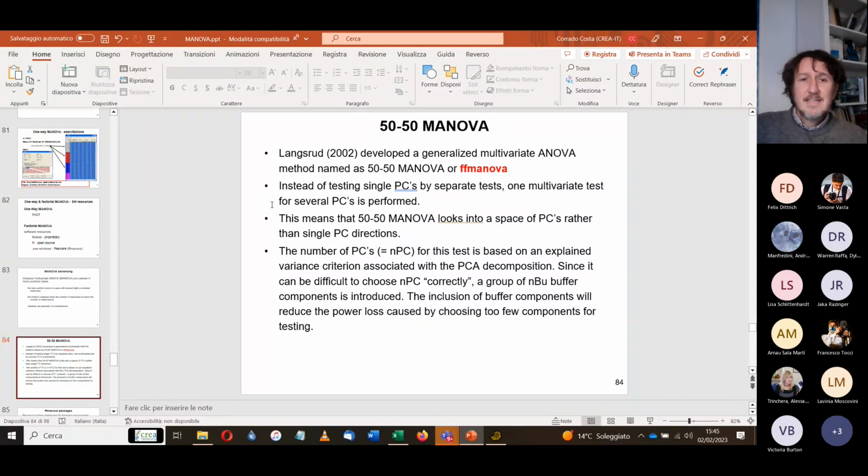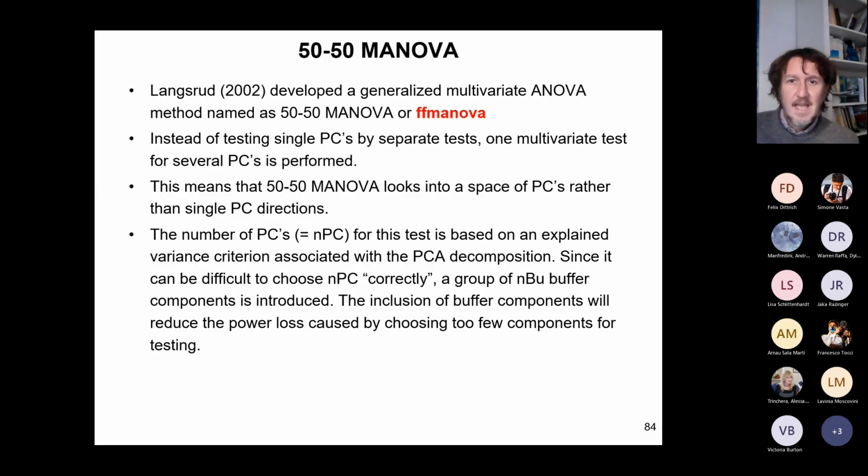This software is very interesting because it is not a classic MANOVA, but this approach has been introduced by Langsrud in 2002 and developed a generalized multivariate ANOVA method named 50/50 MANOVA. That instead of testing single principal components by separate tests, one multivariate test for several PCs is performed.